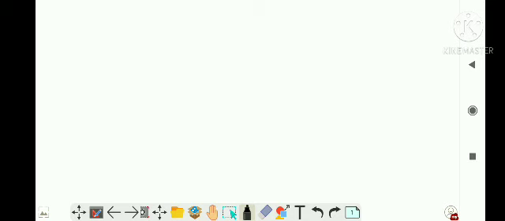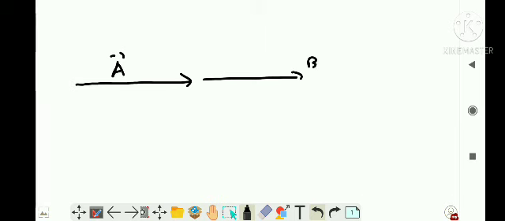Now, when do you say two vectors are collinear? See, this is one vector A. If I have another vector B in the same line, then I say they are collinear vectors. The angle between these two vectors is 0 degree.